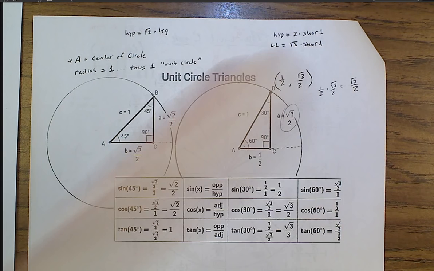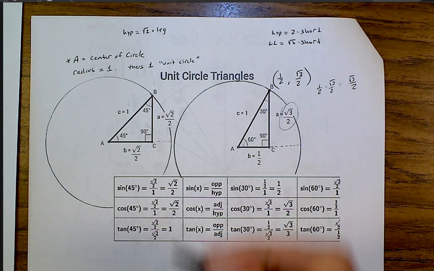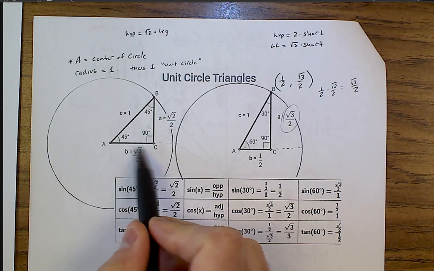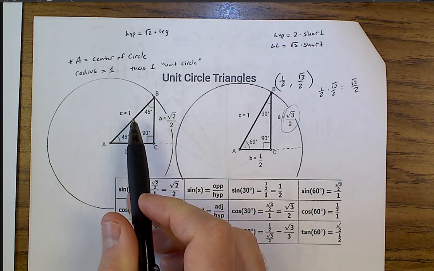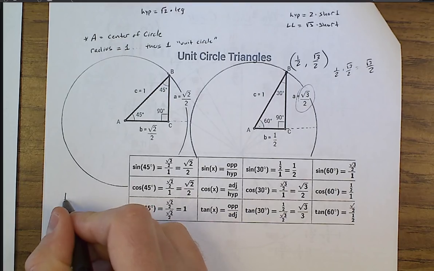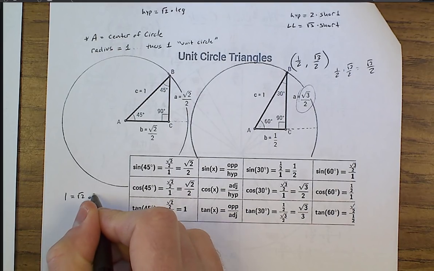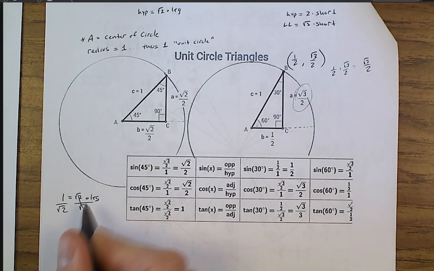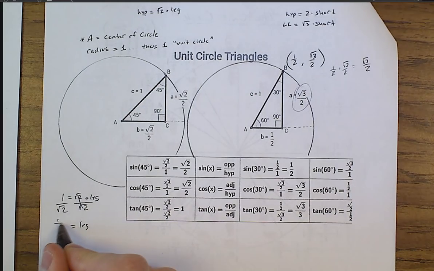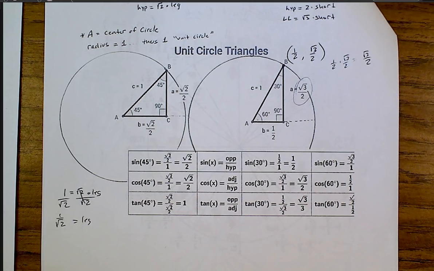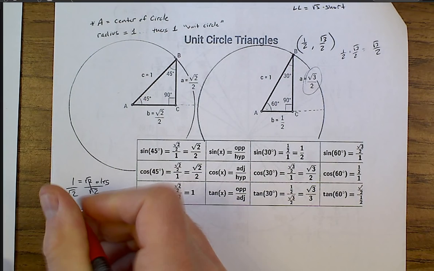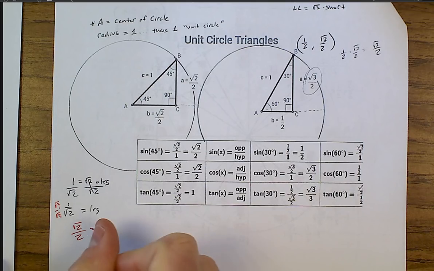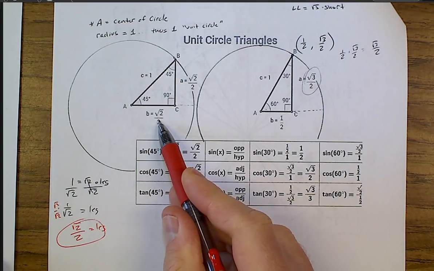So when we're trying to find the leg distance, when we know the hypotenuse is 1, we have 1 equals the square root of 2 times a leg. How would you solve for a leg? You divide by radical 2, and a leg would equal 1 over radical 2. Well, we have to rationalize the denominator. So we would multiply by radical 2 over radical 2, which gives radical 2 over 2, and that's a leg, which we can see right here and right here.